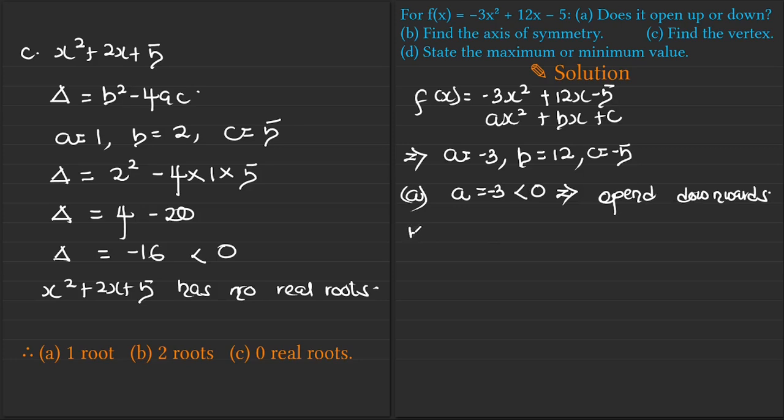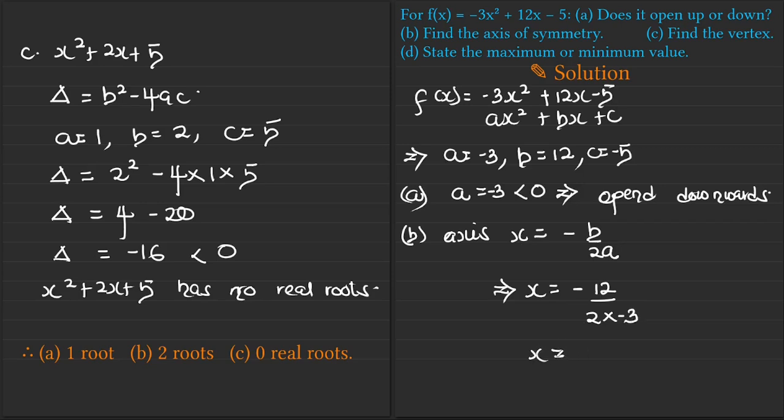Now the next one says we want the axis of symmetry. So we know the axis of symmetry, x, is given as negative b over 2a. And we know what our values of a and b are. So our x is equal to negative, the b was 12, so 12 over 2 times your a, which is negative 3.